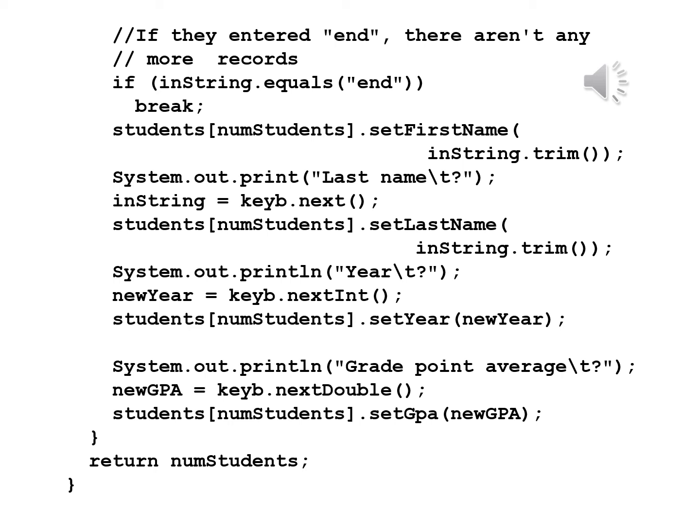System.out.println grade point average, tab, question mark, new GPA equals keyboard dot next double, because it is a double value. Students sub num students dot set GPA, new GPA. We're out of the loop, and what we'll return is the number of students as we have been updating it.